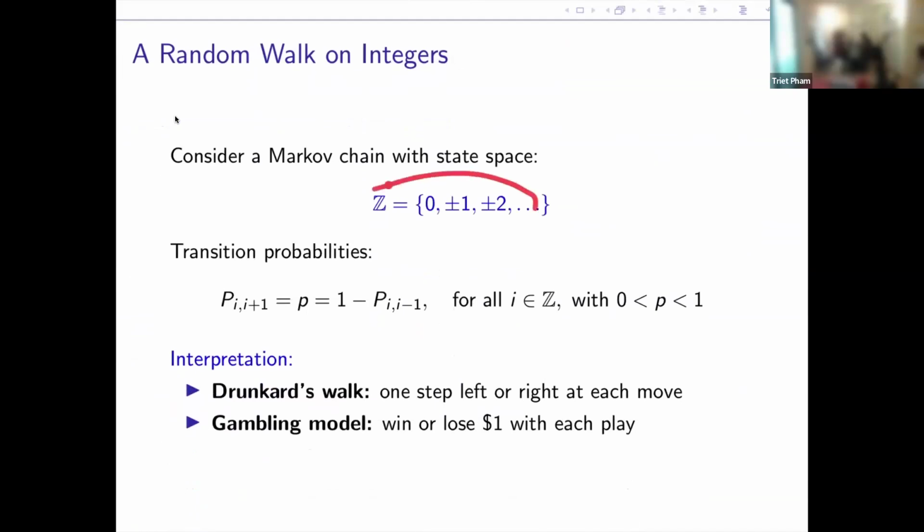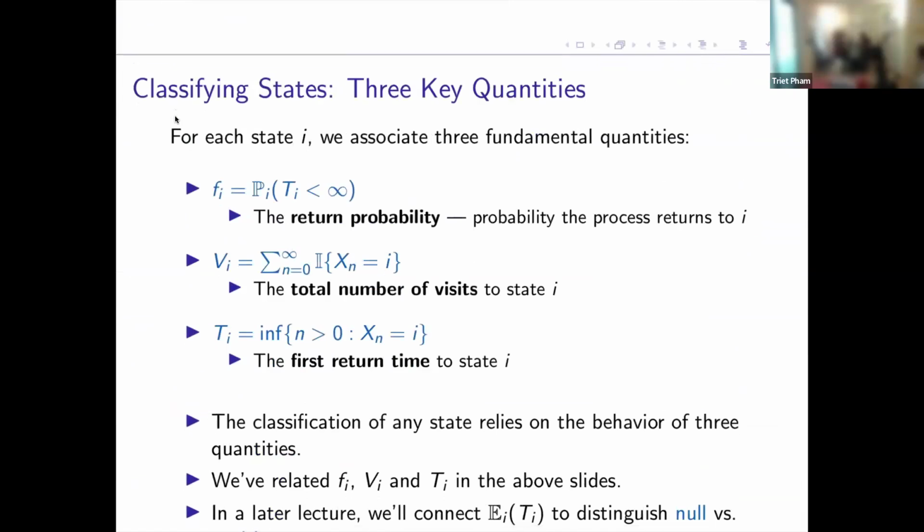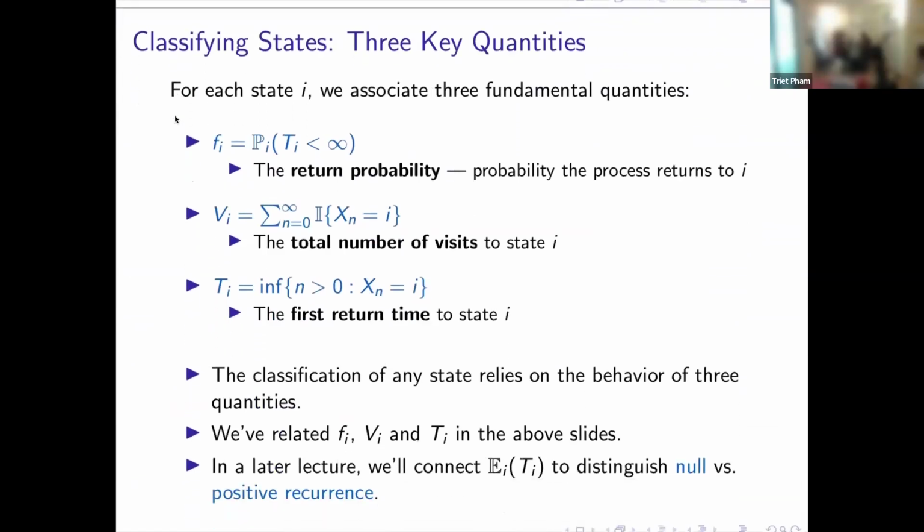So we talked about this: go to right, go to left. That's really just writing it down. Going back to the fundamentals, to classify a state in any chain, we look at three quantities: f_i, the expectation of V_i, and T_i, the first return time.